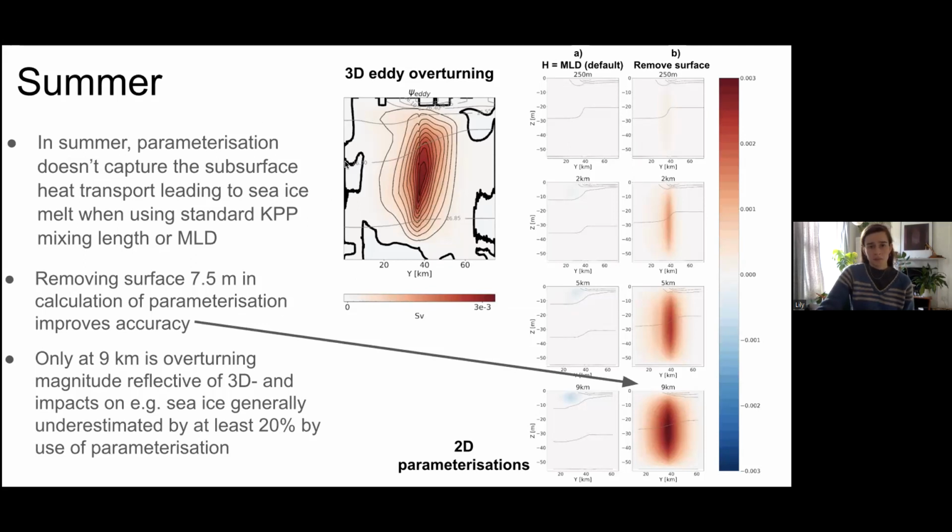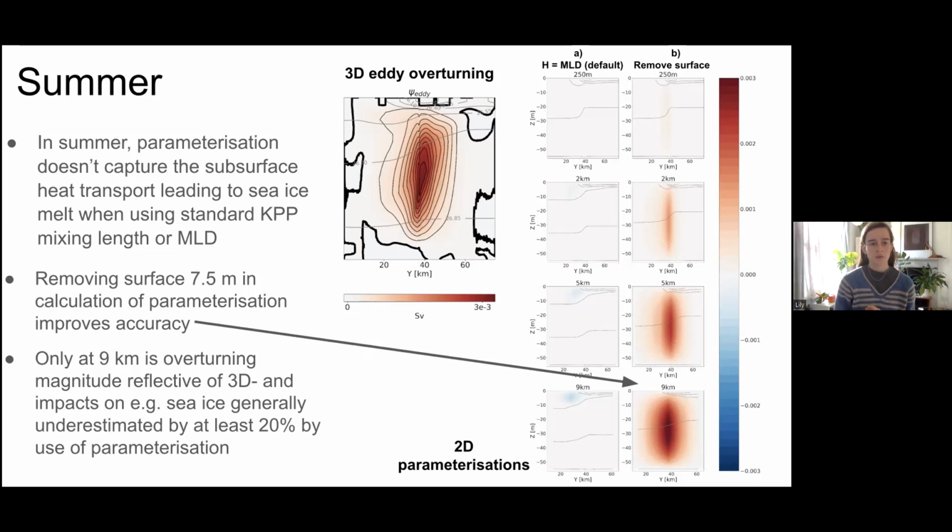So this here is just what I saw in the 3D module, the 3D eddy overturning. And so I said that I could use different values for this H, mixed layer depth.